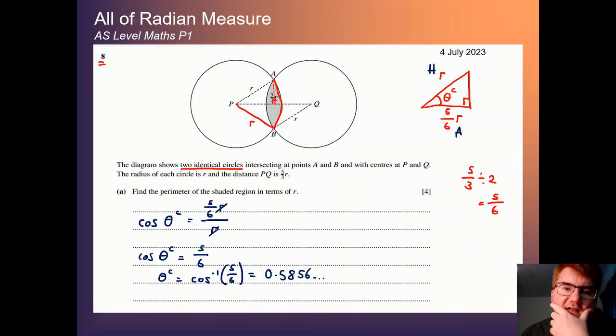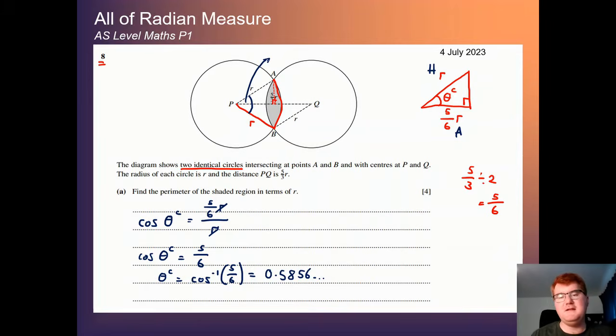If I double that angle, that gives me the angle of the entire sector I'm focusing on. So times that by 2, the angle in radians is approximately 1.1713 dot dot dot. And now we can use the standard formula for the arc.